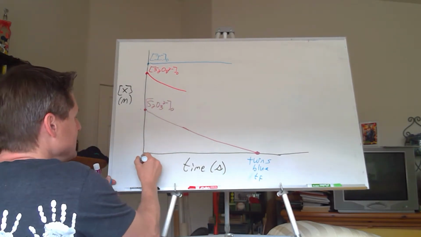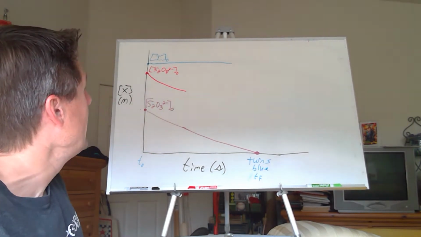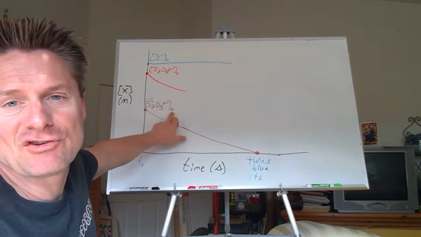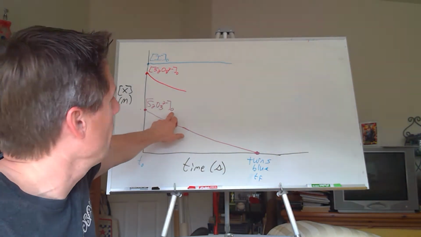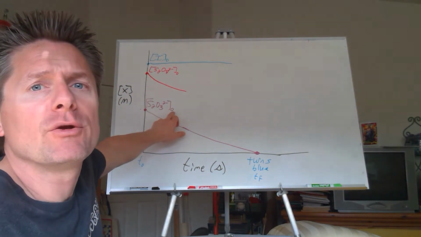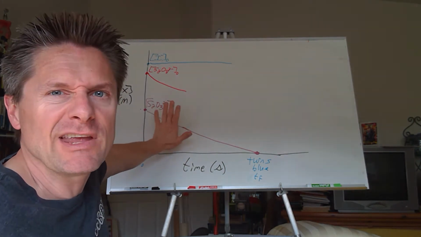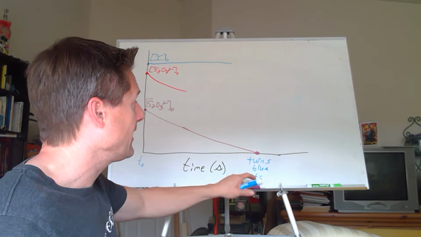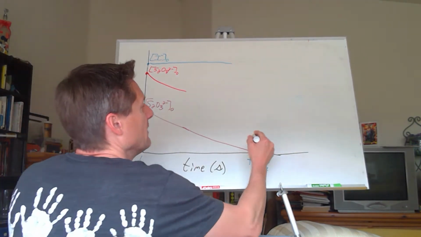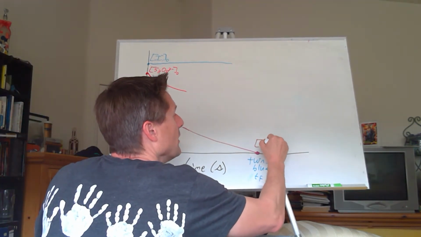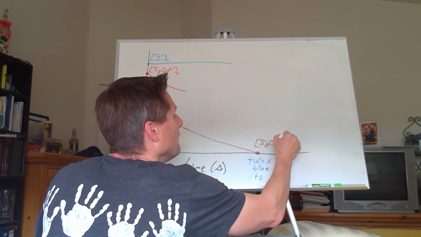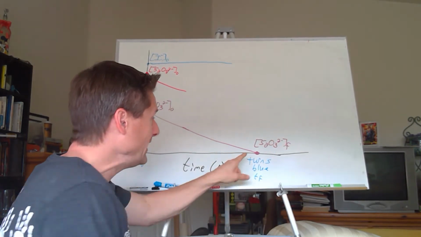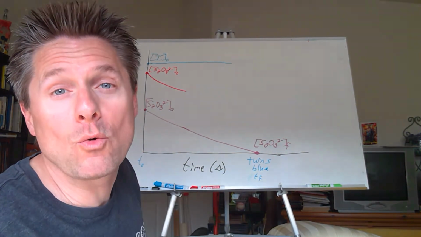Right? This will be T initial. Now, these will be the initial concentrations. You see the sub-0 means time 0. You could put a sub-0 or you could put an I for initial. You'll see sub-I or sub-0. Doesn't matter. It means the same thing. And this will be the final. Now here will be the final concentration of your thiosulfate, which obviously is 0. So that one's easy.